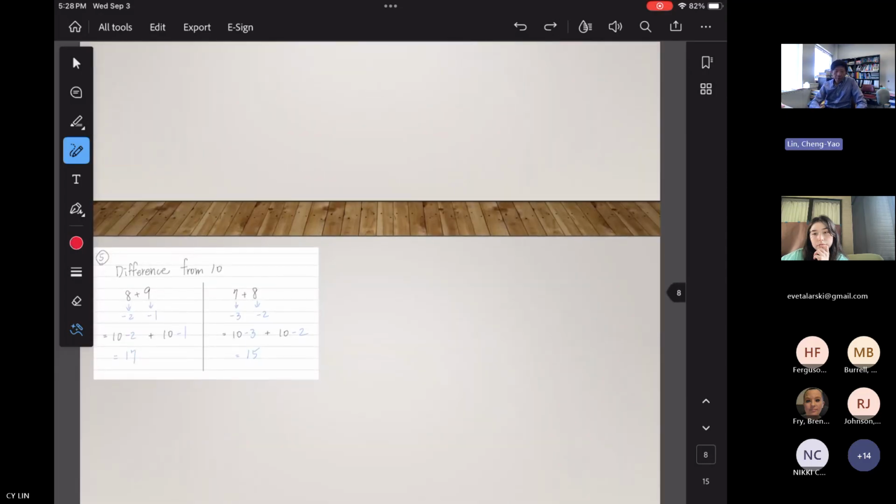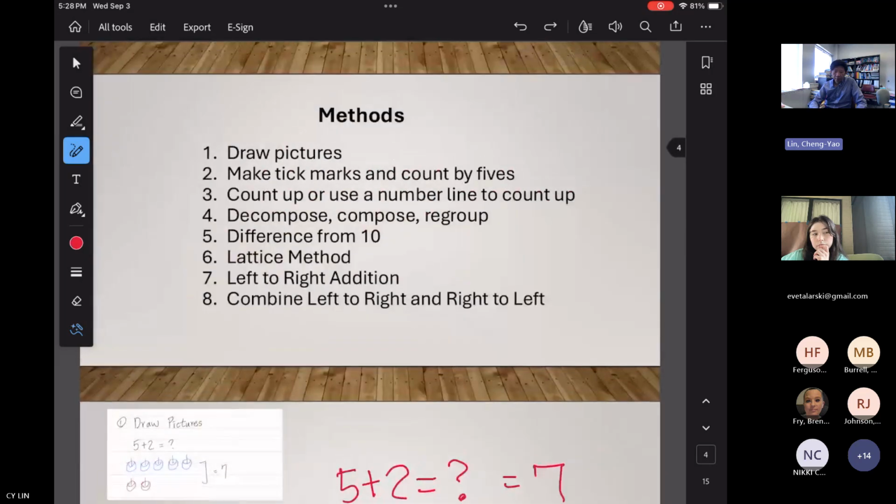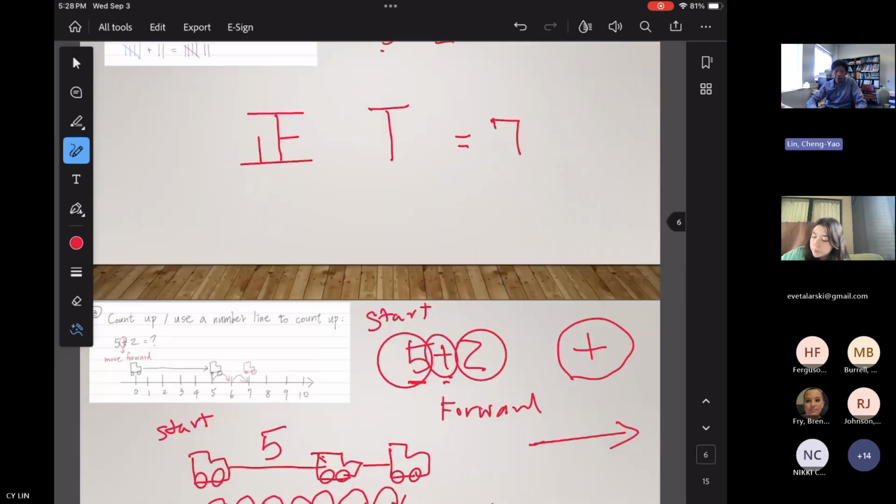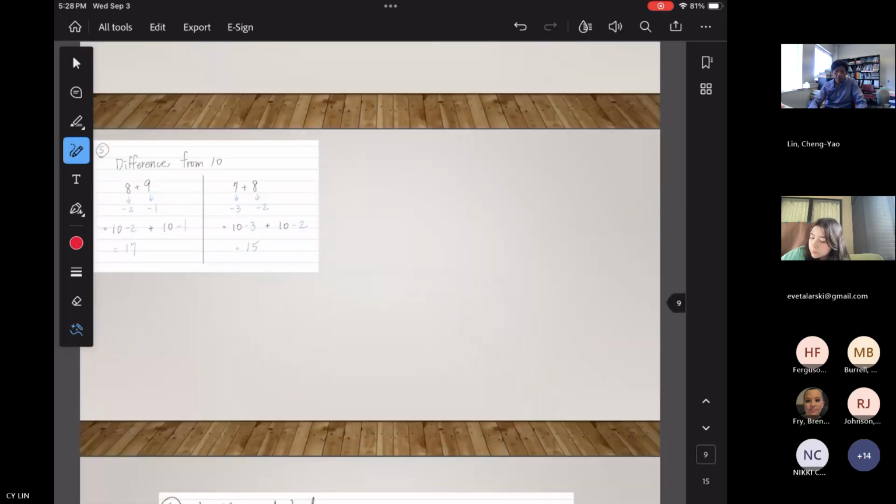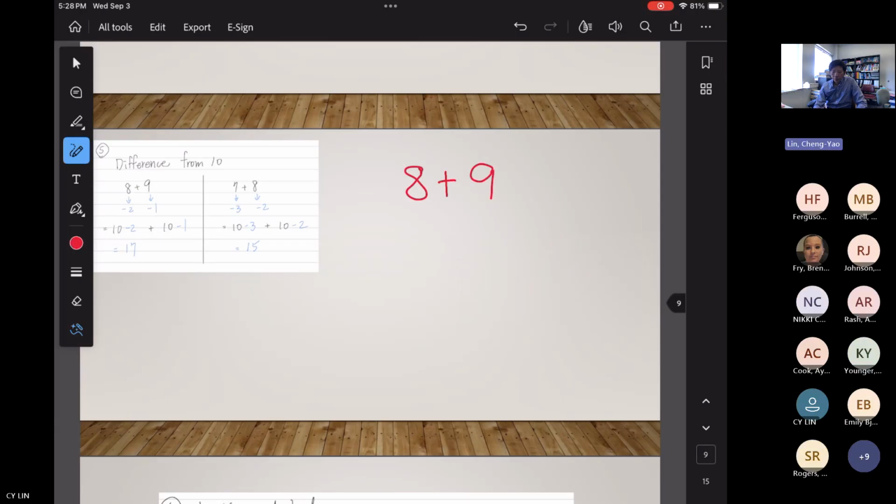How about another method called difference from 10, okay? Difference from 10. Now, 8 plus 9. So difference from 10, 8: how many more do we need? We need 2 more to make it a 10.